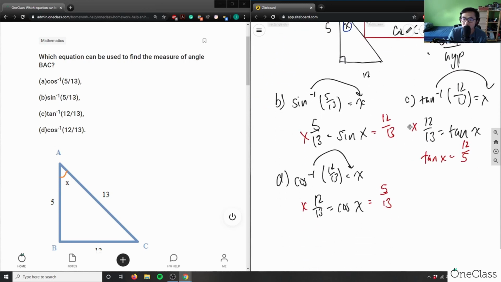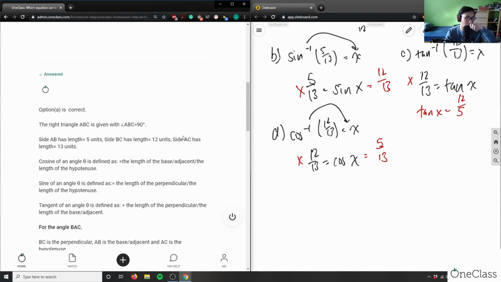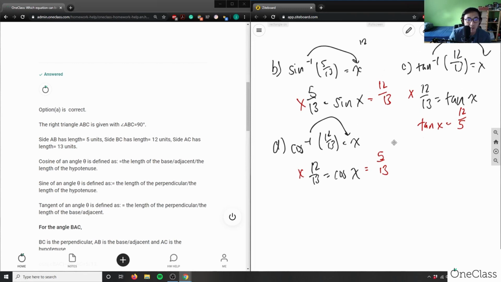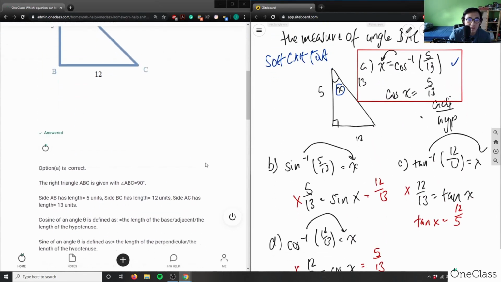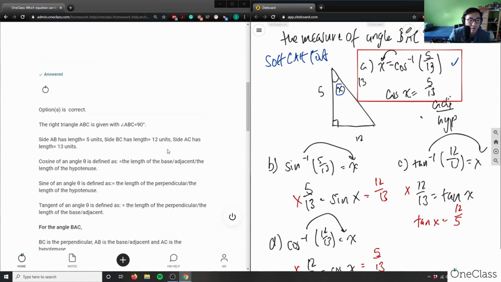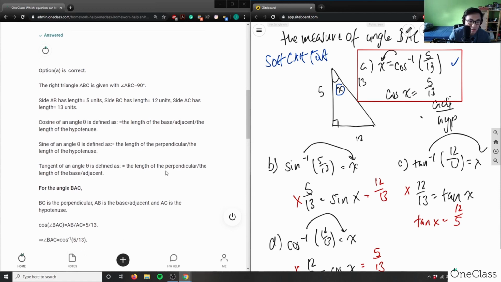So let's check the solution. Option A is correct, so they got that right. The right triangle is given by ABC, which is this angle here. They showed side lengths here. Cosine is defined by the length of the base, the adjacent, divided by the length of the hypotenuse. They defined cosine, sine, and tangent.